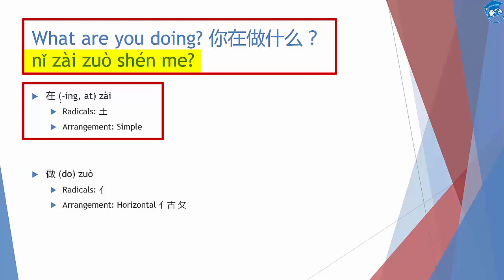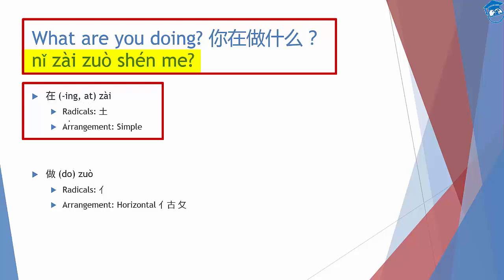So you can think of it as adding an ing after a verb. And in other contexts, it has the meaning of at. Okay, at, like saying where you are at, your location, or the time you are at. It is used in many situations.